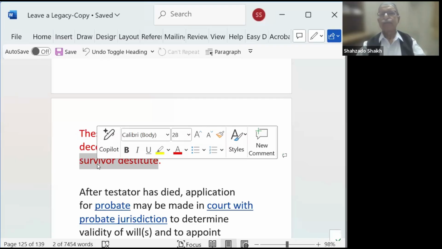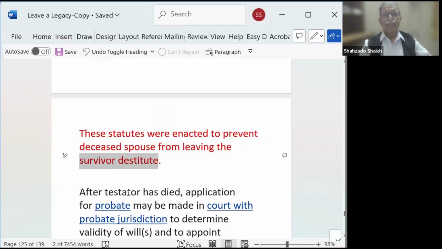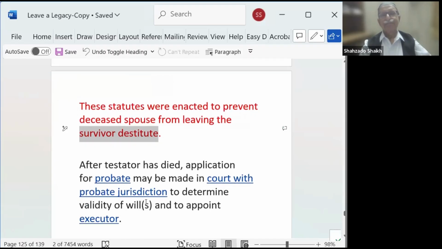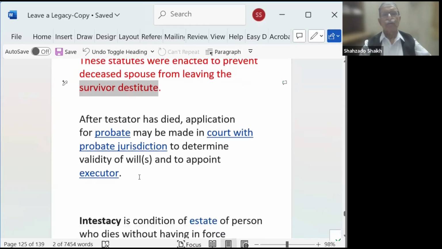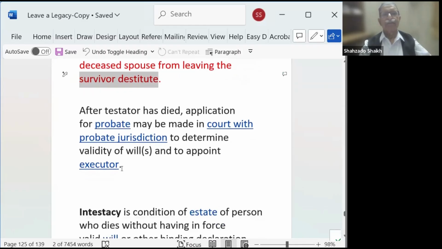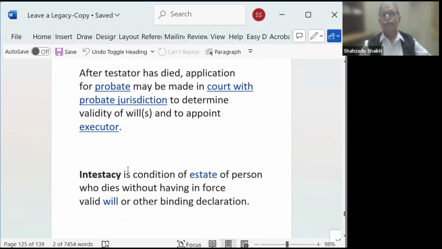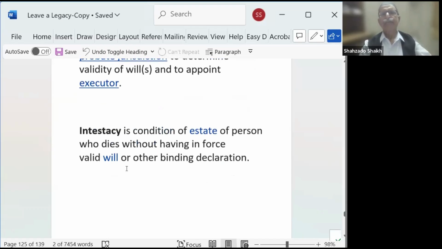And this is the position in Islam also. After the testator has died, an application for probate may be made in a court with probate jurisdiction to determine the validity of wills and to appoint an executor. Wife or anybody, even mother can go, sister can go, daughter can go to the court for probate.